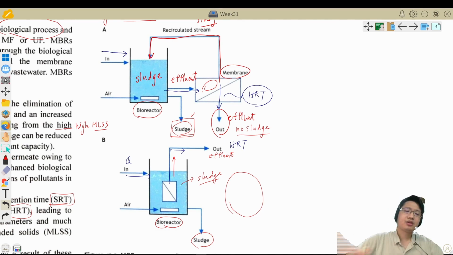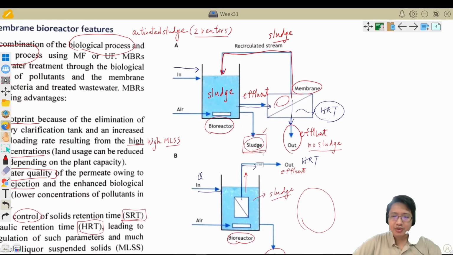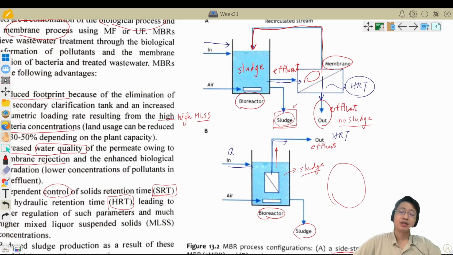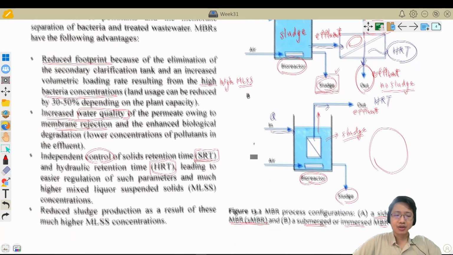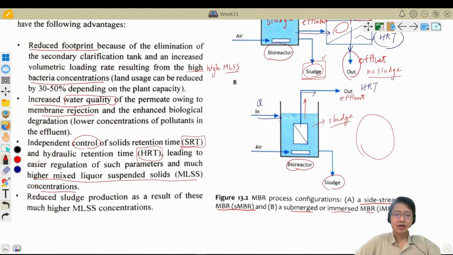So that's basically a better system because you can easily separate the solid and the liquid out of your system. At that point, you will have very high MLSS concentrations in your system.